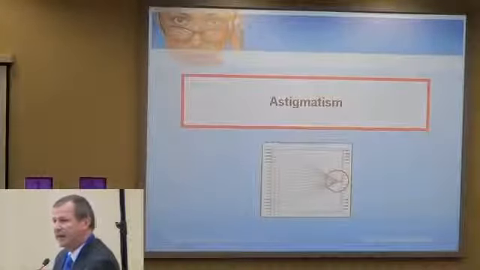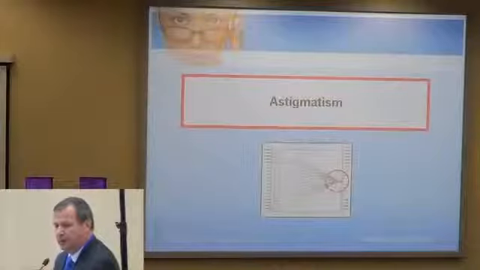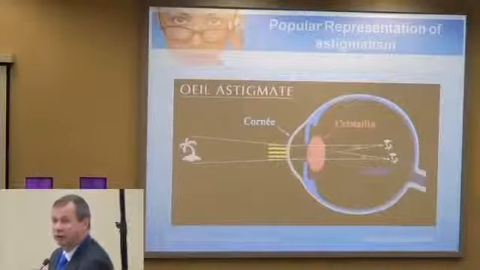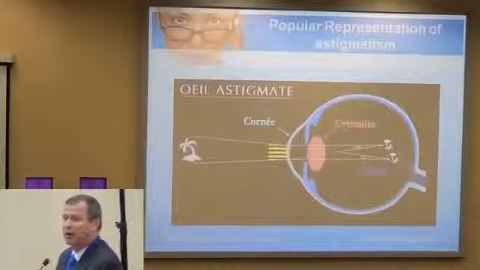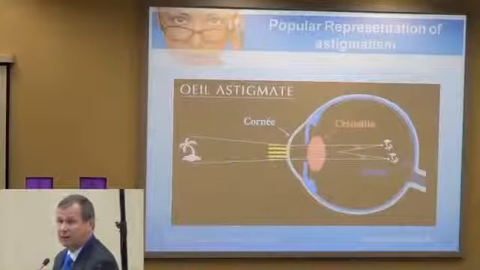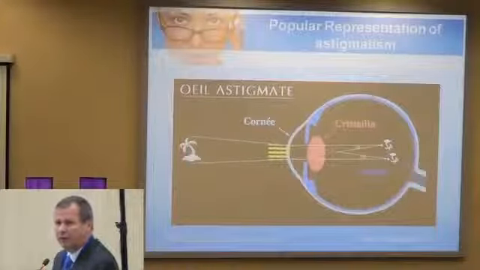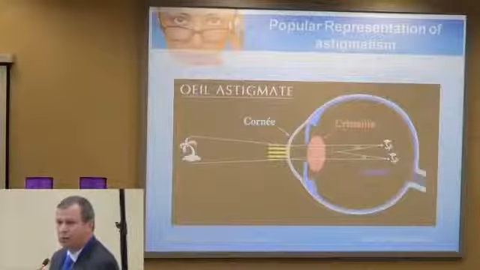Now let's go to the astigmatism. Most of the ophthalmologists think that when you have an astigmatism, you have a double image. Most of the patients say, I see double when you have an astigmatism, but it's completely wrong.